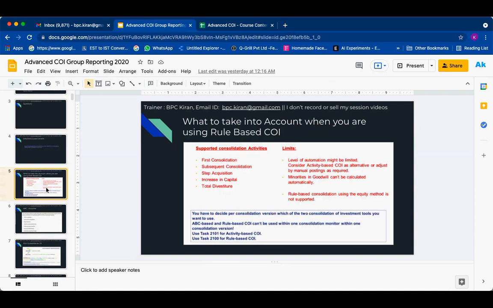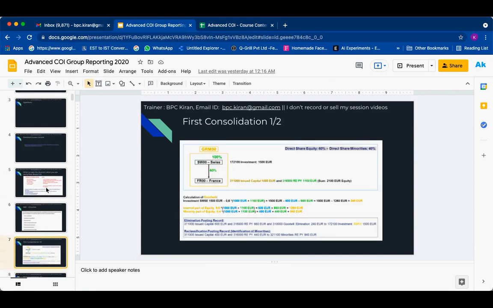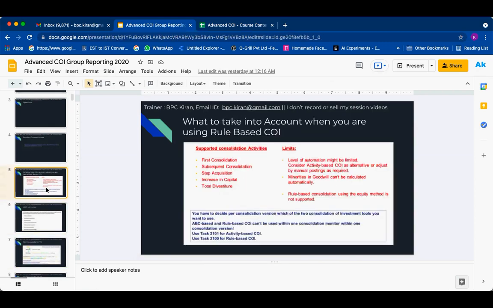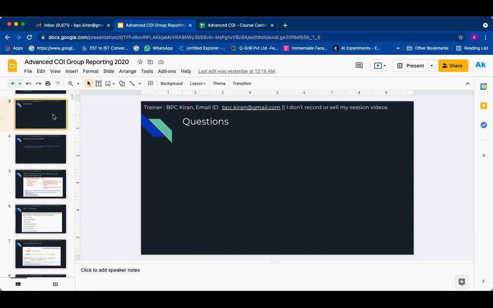Those things we are going to discuss, and I'm going to explain each and every scenario in detail. Then from next week onwards we will start implementing in the system.